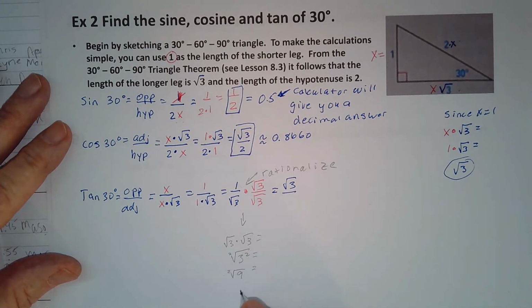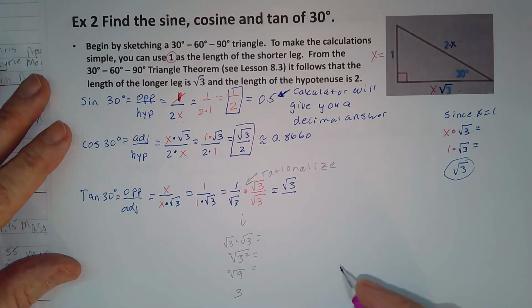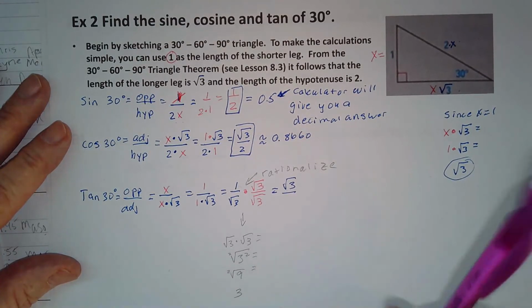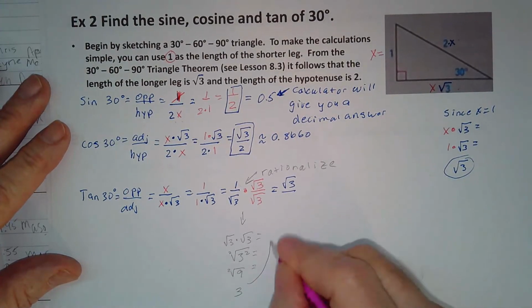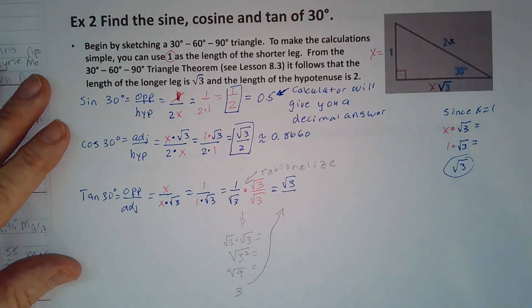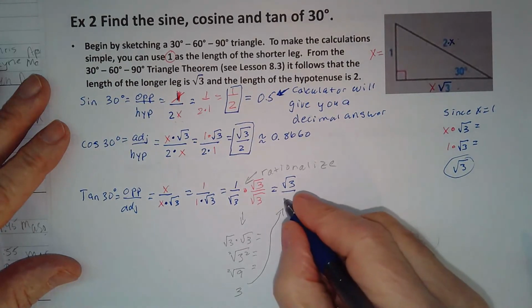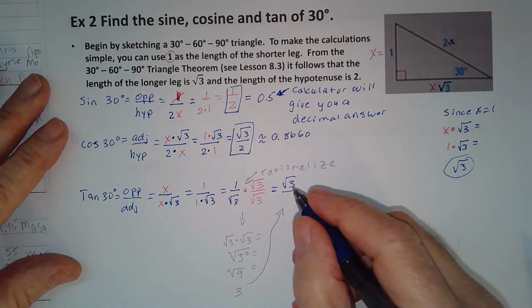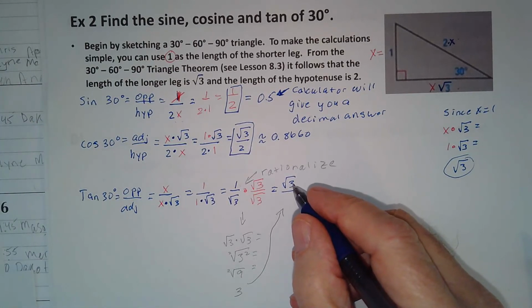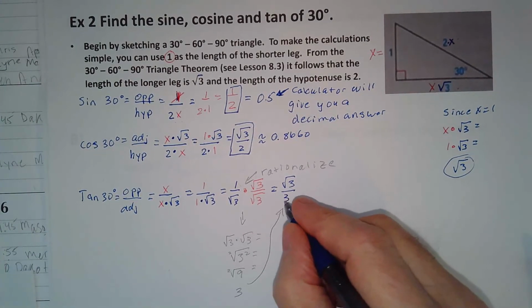So then the square root of 9 is 3. You can see it that way as well. Bottom line, the answer here is square root of 3 over 3. Okay.